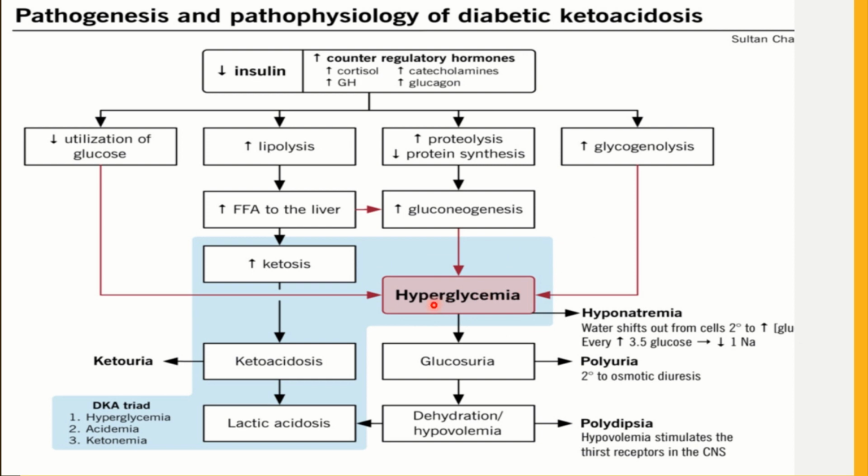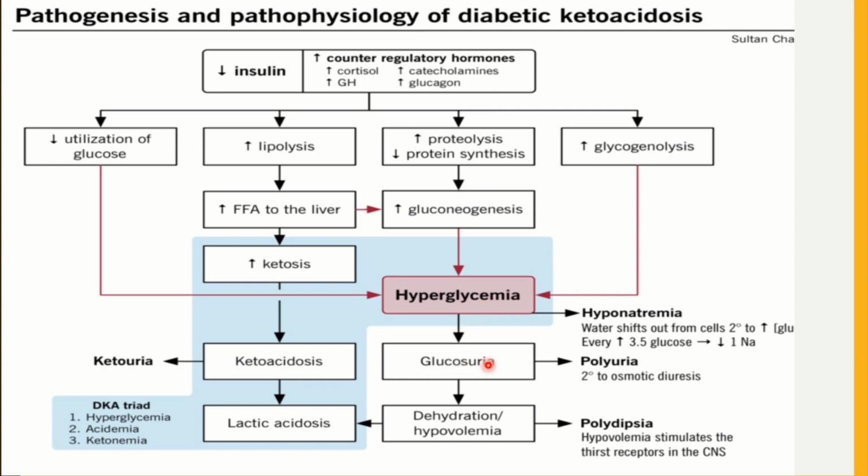Whenever there is hyperglycemia, there will be associated hyponatremia, because water shifts out of the cell secondary to glucose. So this is the mechanism: whenever there is increased glucose in the blood, there will be loss of sodium. That is why there will be associated hyponatremia. I'll tell about this mechanism later. When there is hyperglycemia, it leads to glycosuria.